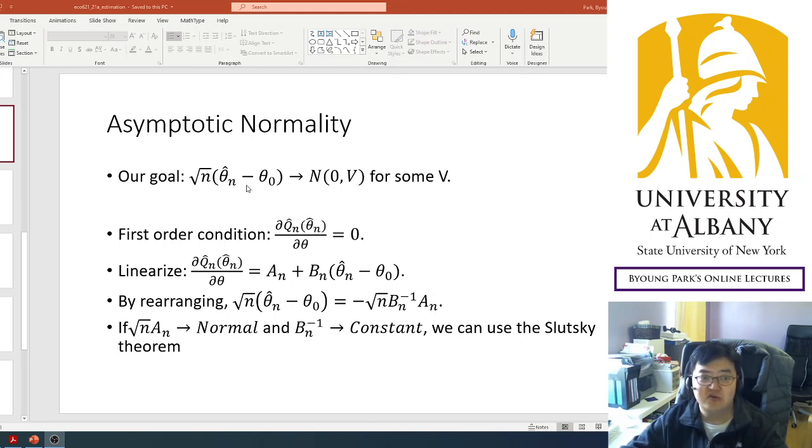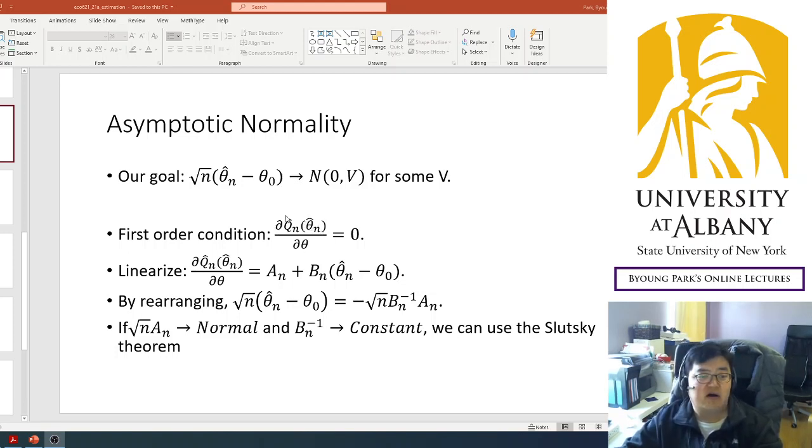And then to do this, we start from the first order condition. The estimator is obtained by maximizing the estimated criterion function. So it always satisfies the first order condition as long as the criterion function is continuous, like differentiable.